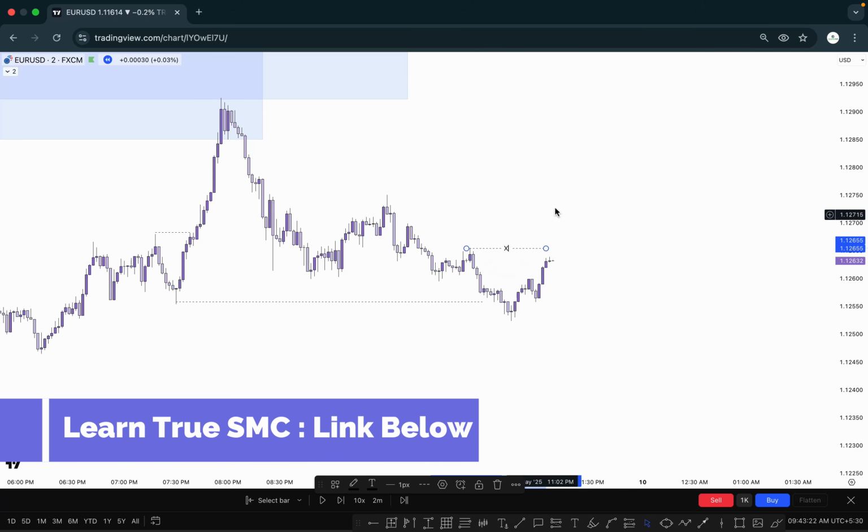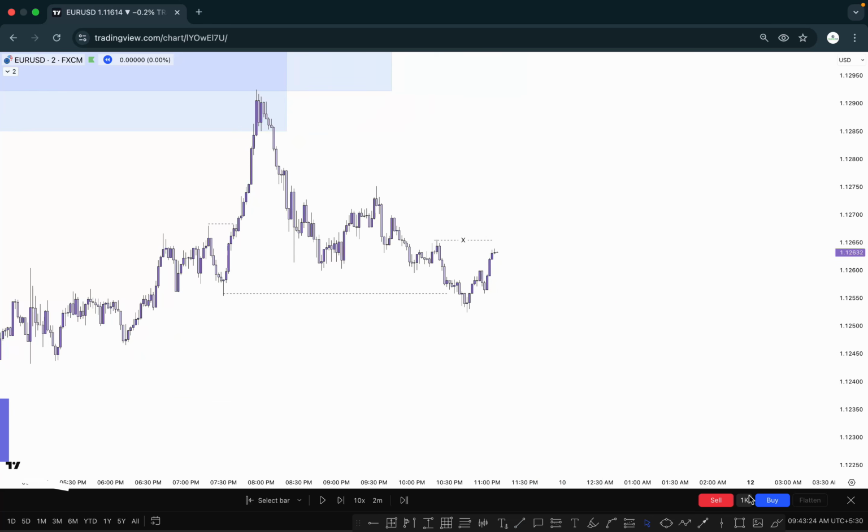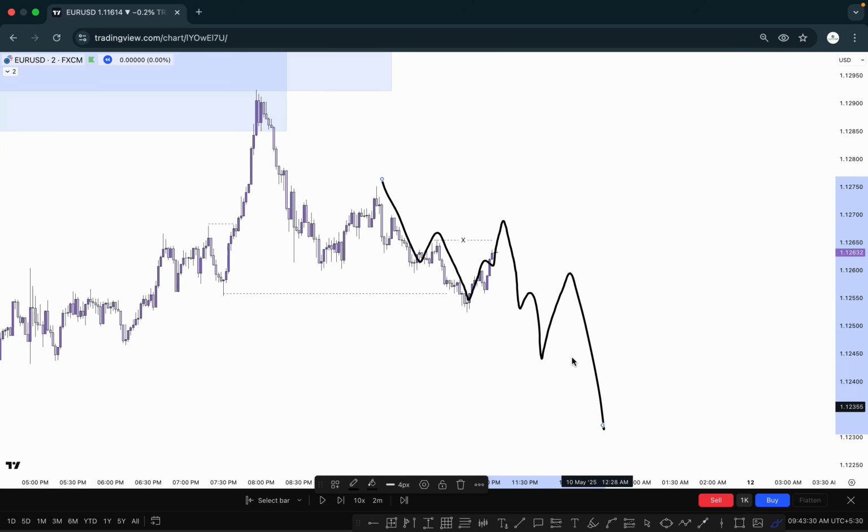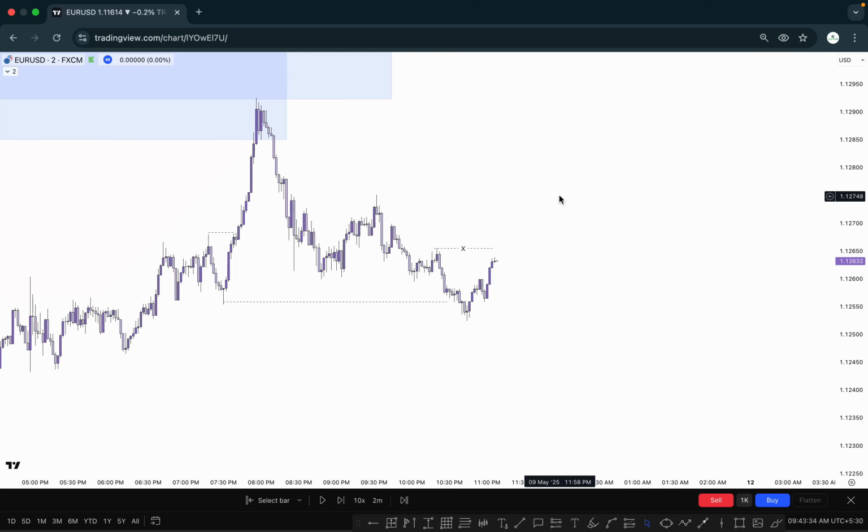So the market must take out this one. Once the market has taken out this one, the market creates a pullback, again goes higher high, takes out this one and pushes lower, and we can plan for the sell at this point right here. So this is the exact way to sell while you are trading based on the order flow and following the higher time frame and lower time frame.